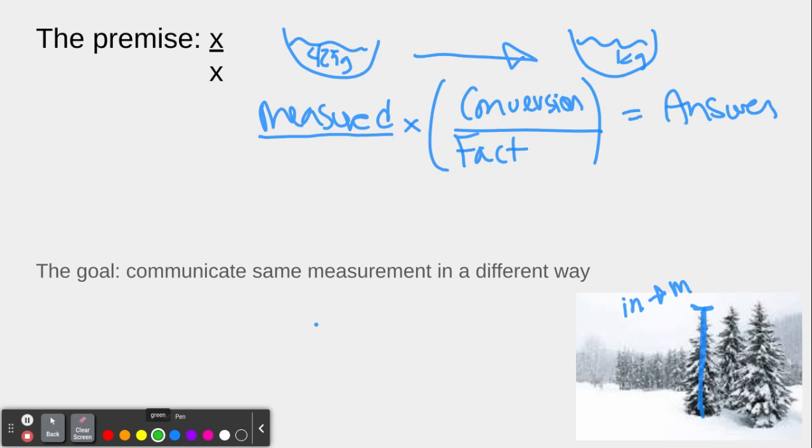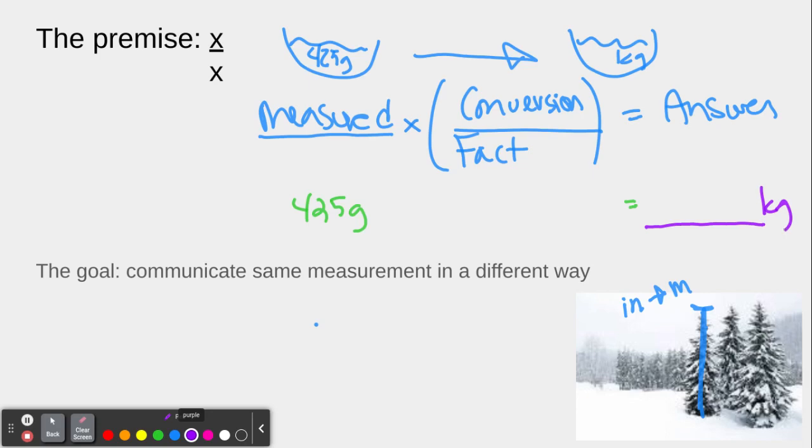So, here's the premise of this. Whatever we measure it in, we're going to measure it in 425 grams. So that's our measured amount, measured in grams. In my answer, do I still want grams? No. What do I want my answer to be in? Kilograms. So what I need to do mathematically is get rid of grams and get into kilograms.